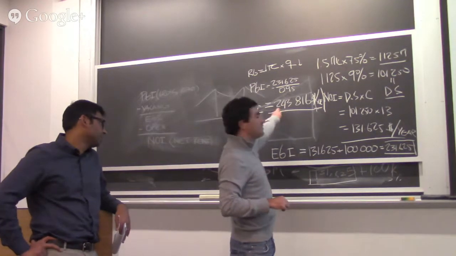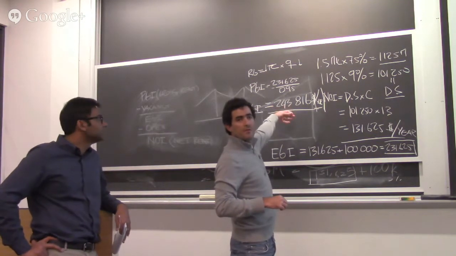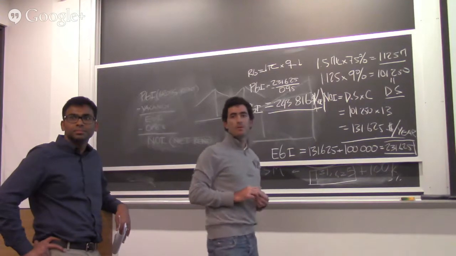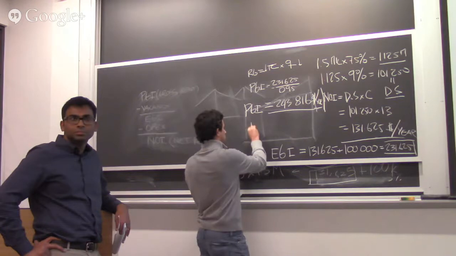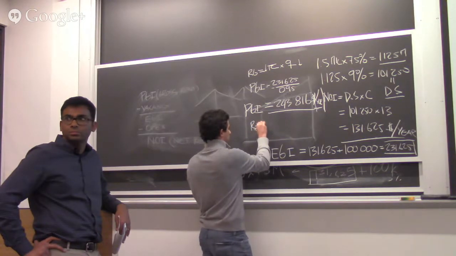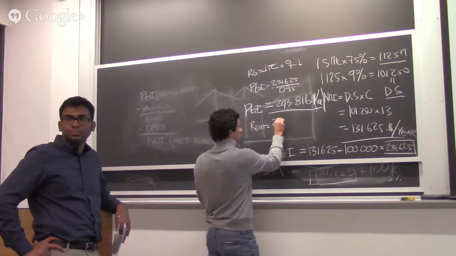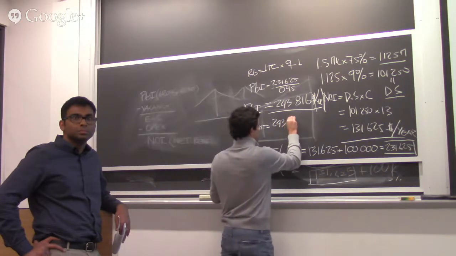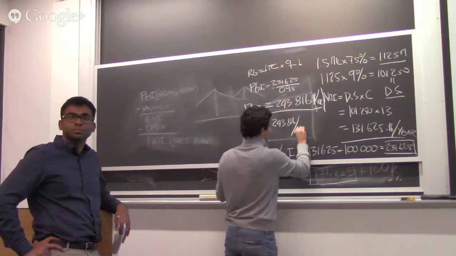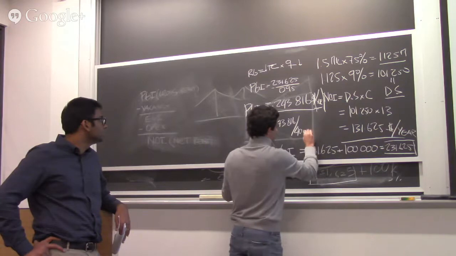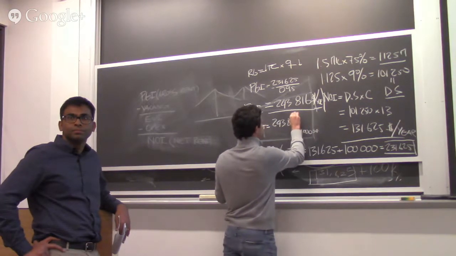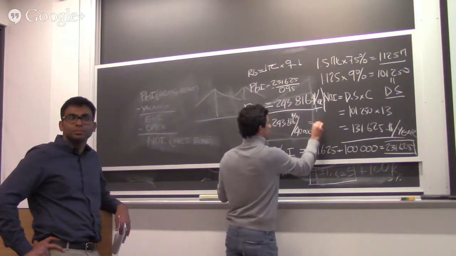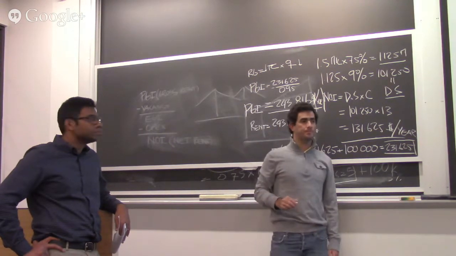Well, this is the rent already, but how do I get to the unit rent? Divide by 40,000. How much?